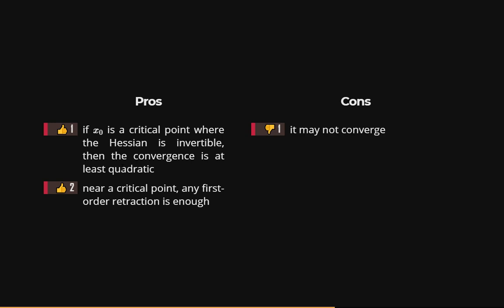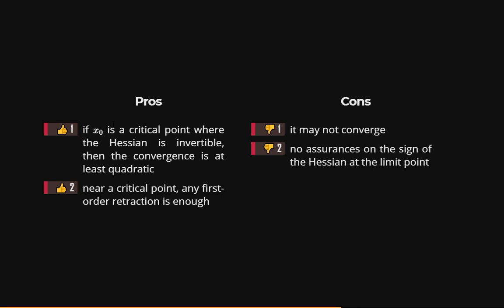Cons. It may not converge. Or it may converge to any critical point where the Hessian is invertible. So if you have the classical saddle point with one positive and one negative eigenvalue in R2, it will converge there. Or it may not converge because, as we are not solving a minimum problem on the tangent space, if the Hessian is not positive definite, it may jump around in an aimless way.